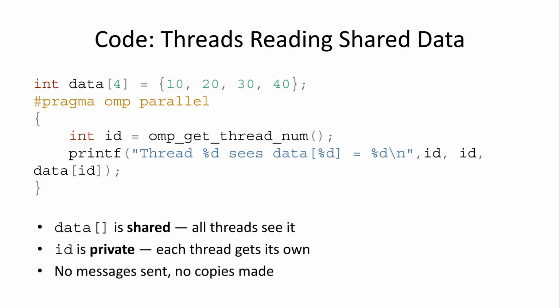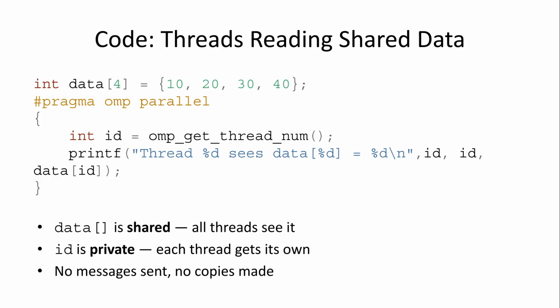We have an array called data, which contains 4 values, and for this code we declare a variable called id, and we get a unique identification number for each thread, and we just print what that thread is and what value it's trying to read.